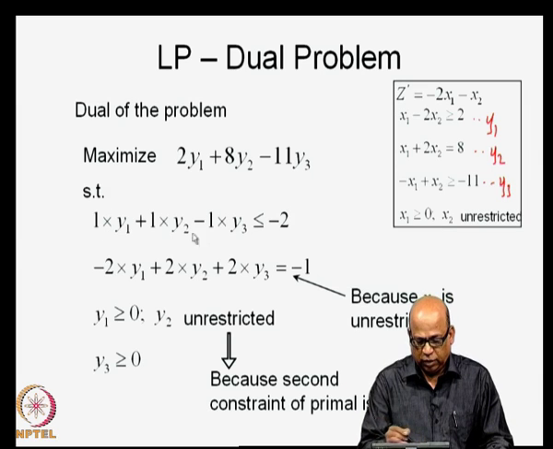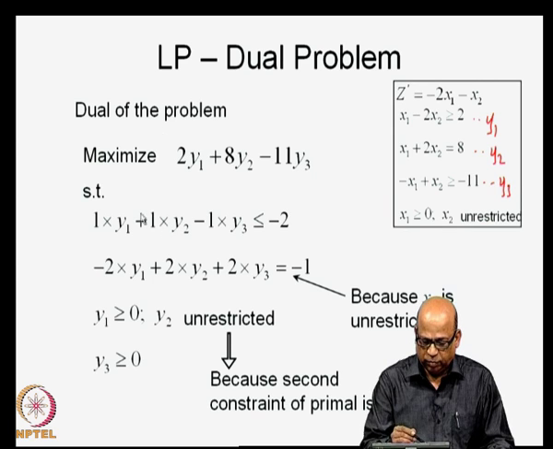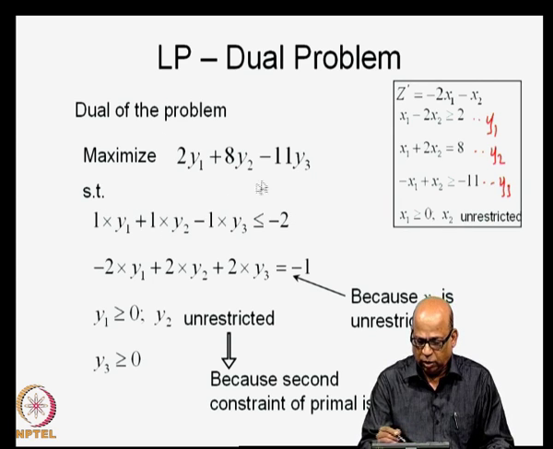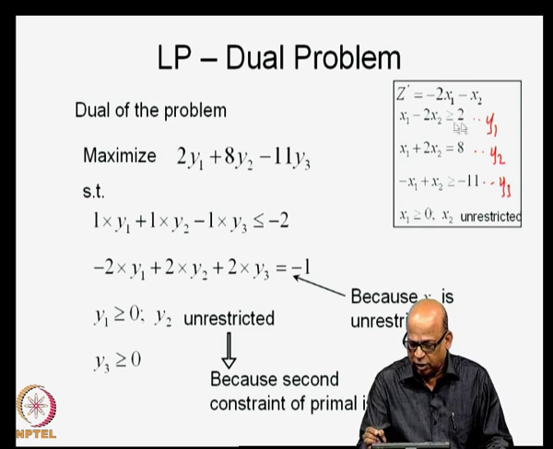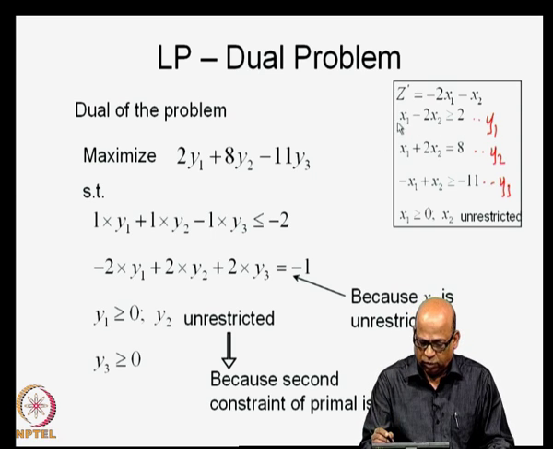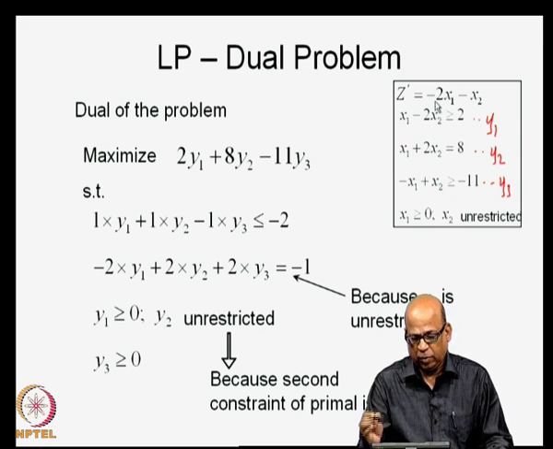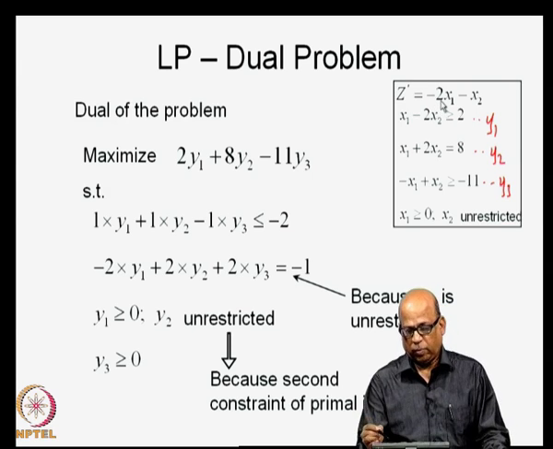Subject to, how do we write the constraints? We pick up one variable here. A constraint in the dual problem will be associated with a variable in the primal problem. So, this is our primal problem. I look at x1 first and associate the corresponding dual variable. So, x1 has a coefficient of 1: 1 into y1 plus 1 into y2 minus 1 into y3 less than or equal to minus 2, which is the coefficient of x1 in the objective function of the primal problem.